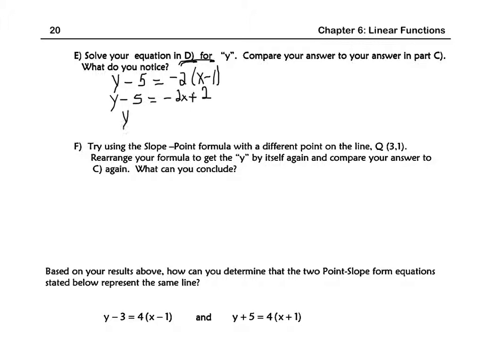And then if we get the y by itself by bringing the negative 5 over or adding 5 to both sides, you get y equals negative 2x plus 7. And if you compare that to the answer we got in C, it's the same as answer C.